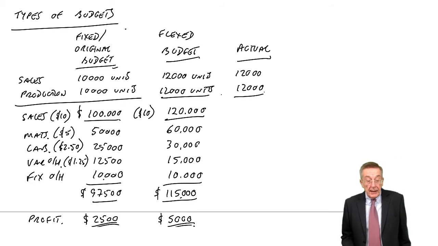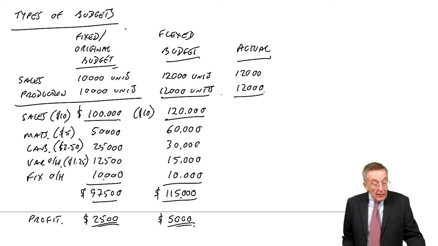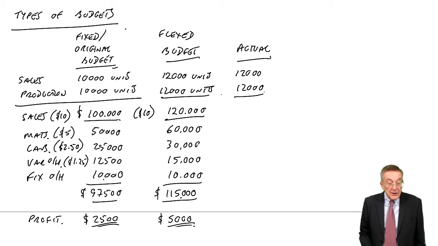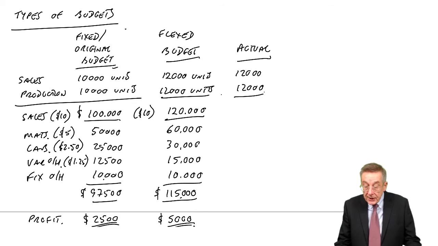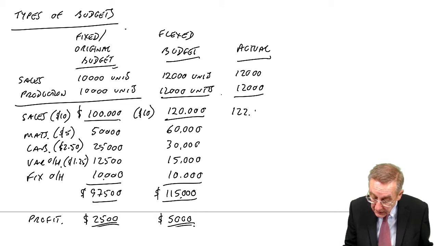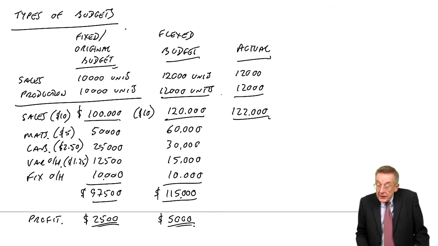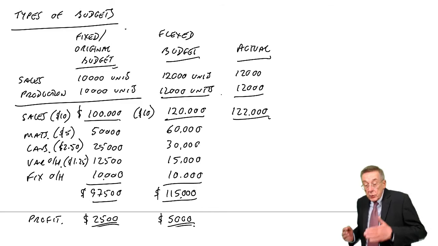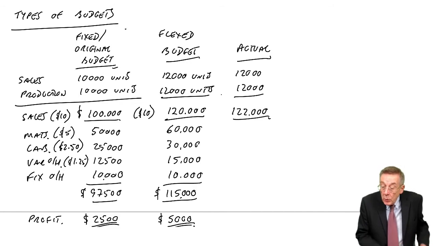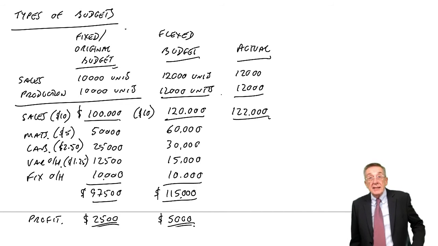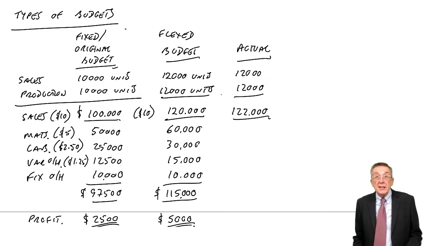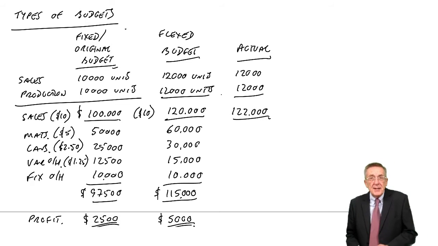But what actually happened? First of all, the sales. It says at the bottom we sold 12,000 units, fine. We sold them for 122,000. So we actually did well. You know, for the 12,000 sold, we only expected to get 120. We got 122. I think clearly we put the price up a bit.